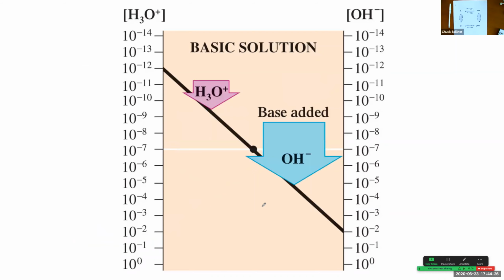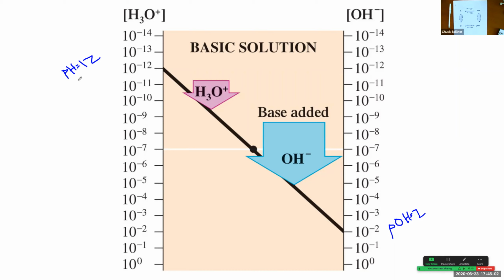What happens if we add sodium hydroxide to the water? Well, the hydroxide concentration goes way up. So the hydroxide ion concentration now is 10 to the minus 2. So the pOH is equal to 2, and the pH now is 12. And this solution is basic now. There are several ways to describe a basic solution.